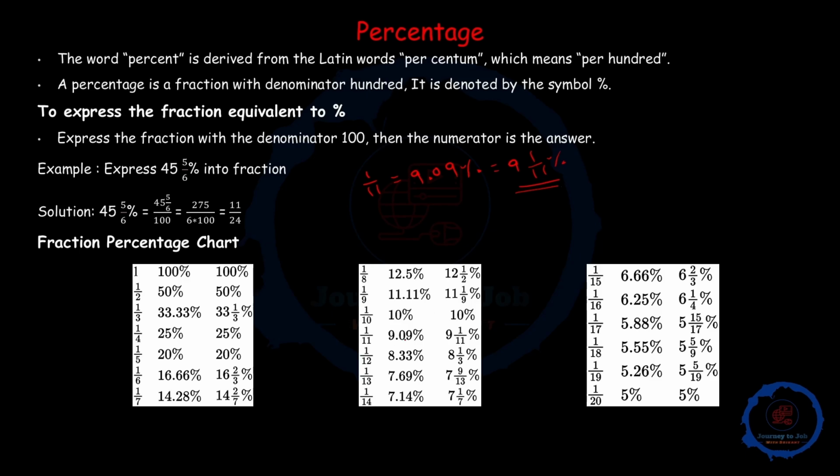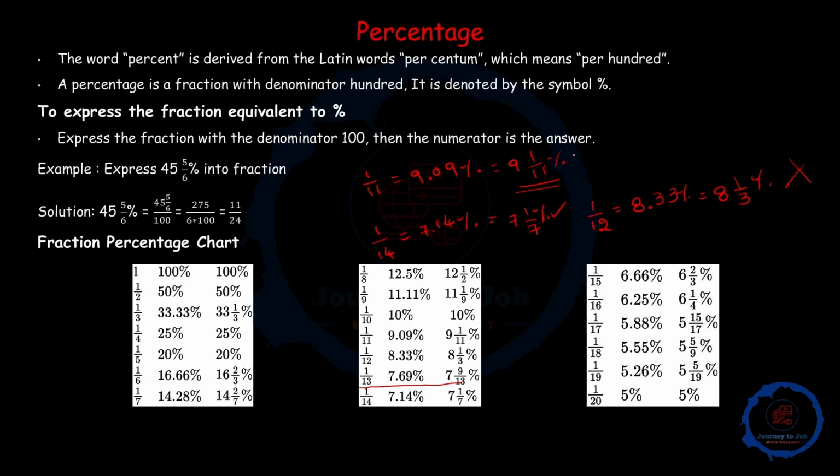Okay, next 1 by 12. If you try to remember 8.33 percentage or 8 1 by 3 percentage, not that important, but it is good if you remember also. Next 1 by 13, not that important. You can see the value here. 1 by 14 important. 1 by 14 is equal to 7.14 percentage, or 7 1 by 7 percentage.